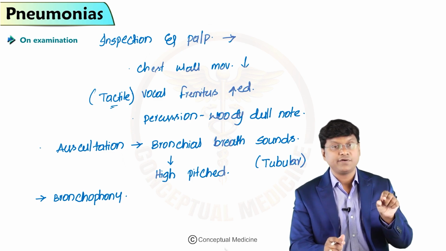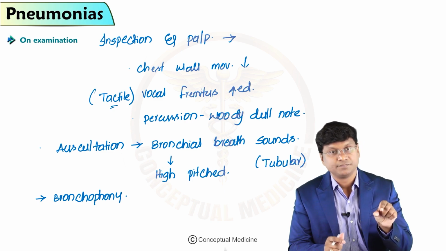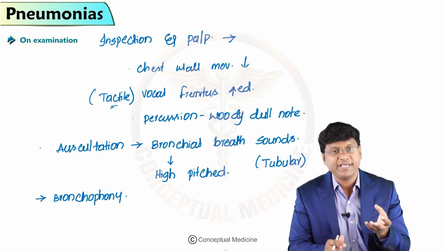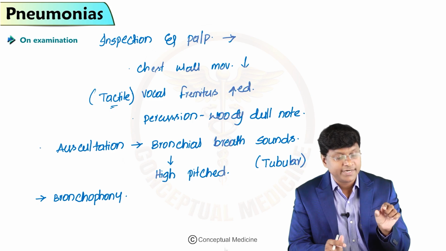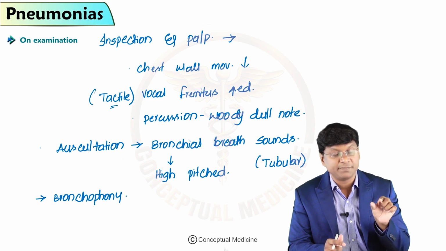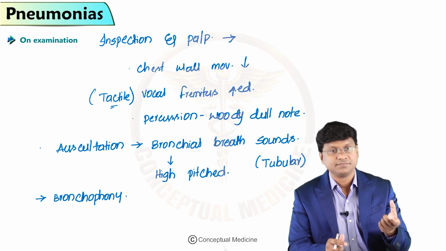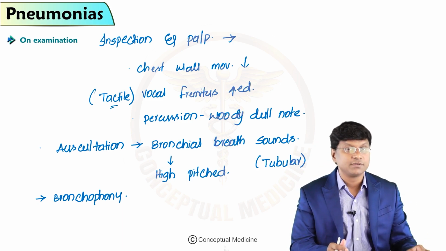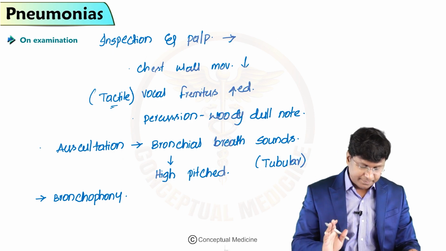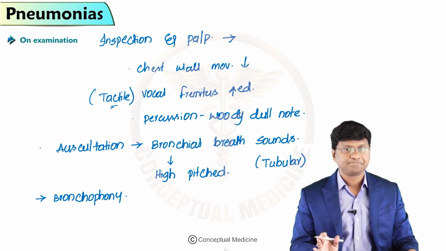Over the area of consolidation, you keep the stethoscope and ask the individual to speak. The patient's voice is heard louder than normal. That is what is called bronchophony, which is present in patients with pneumonia.